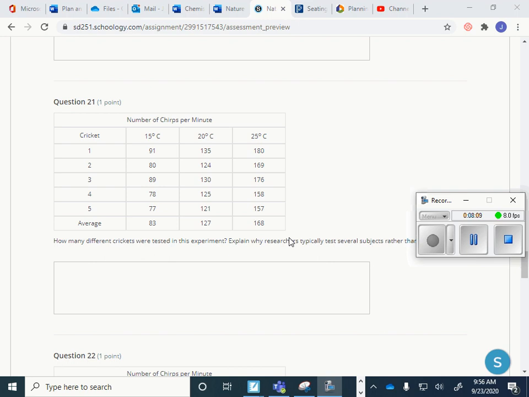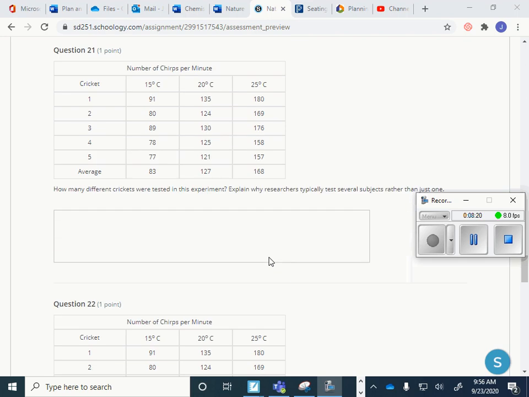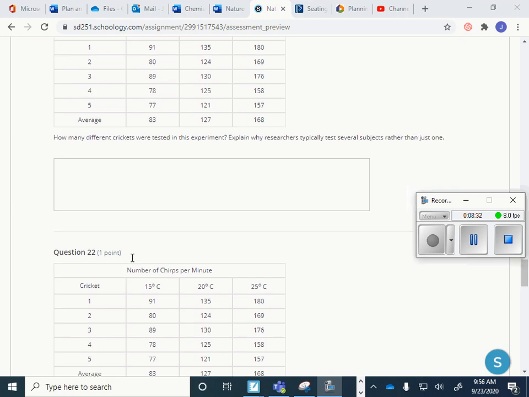How many different crickets were tested in this experiment? And explain why researchers typically test several subjects rather than just one. So using the data table on that question, you need to figure out how many crickets were tested and explain why they use more than just one.